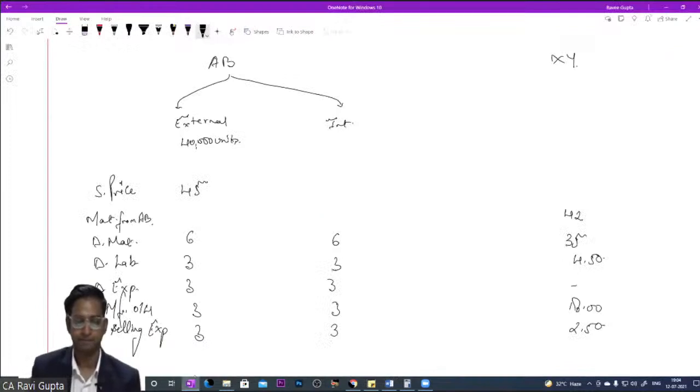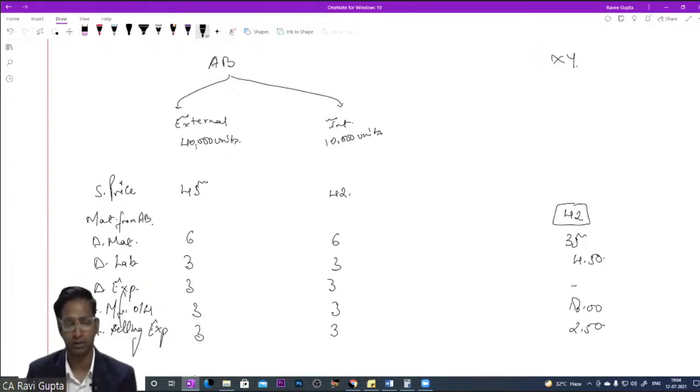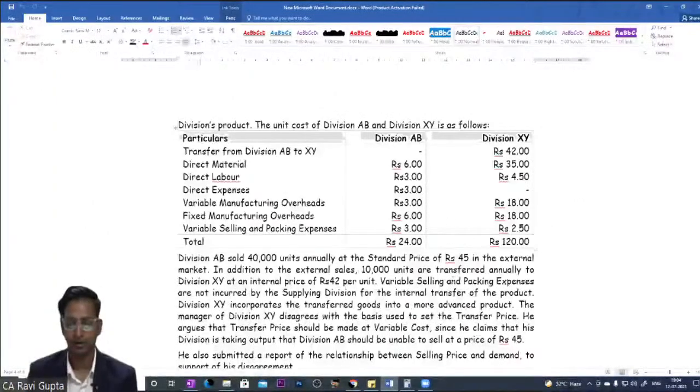This is given as annual figures, a standard figure. 10,000 units are transferred. Through this cost, we can verify that it has been transferred at rupees 42. It's completely correct. The variable selling and packing expenses are not incurred by the supplying division for the internal transfer of the product.